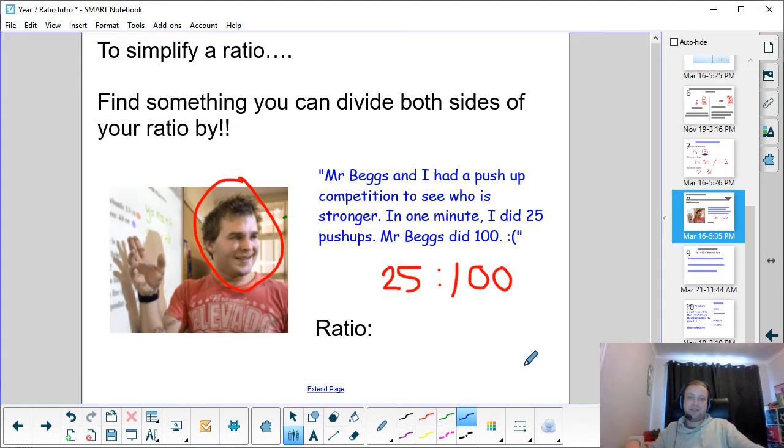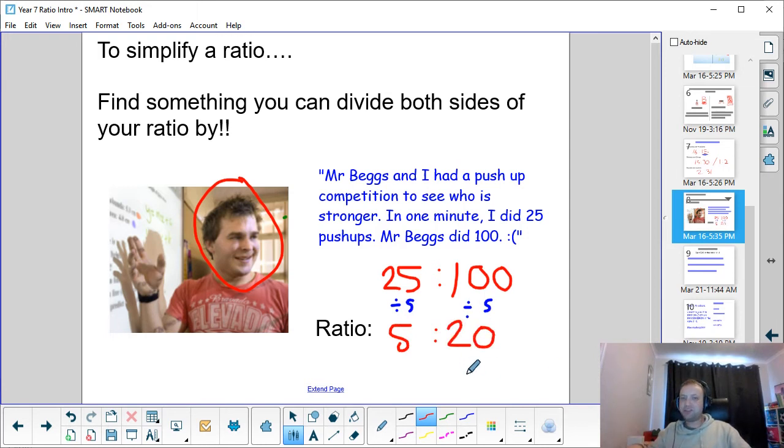You might not. Okay, so I might look at this and I might be like, I know that because these numbers end in 5 and end in 0, I can divide them by 5, right? Any number that ends in 5 or 0, I can divide by 5. So I might just try dividing them both by 5 to see what happens. That'll make me a new ratio, which gives me a 5 here and a 20 there.